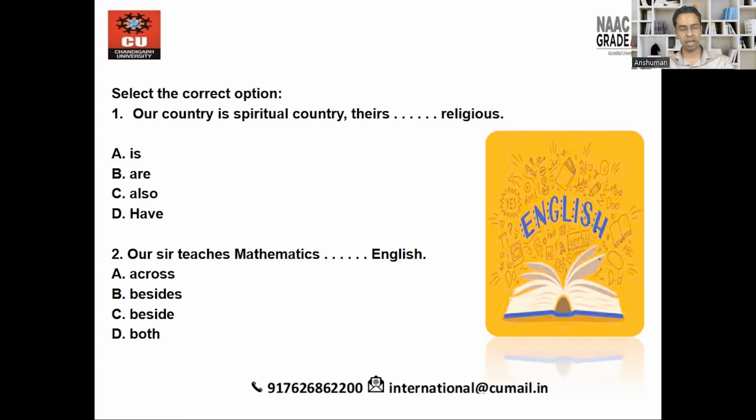Beside is a preposition which talks about the position of a noun and pronoun in a sentence. So beside will not be the right answer, but besides means in addition to, which is the right option here. So our sir teaches mathematics in addition to English. That means the correct option is second, which is besides.